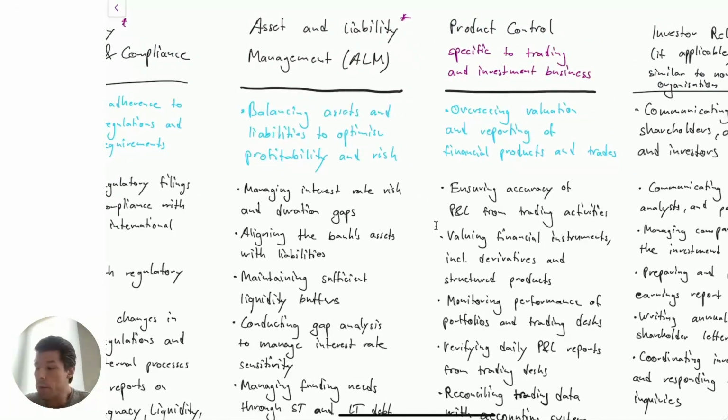Another new department that we often see in financial organizations is so-called Asset and Liability Management, ALM, which is responsible for balancing assets and liabilities to optimize profitability and risk. It would manage the interest rate risk and duration gaps. It would align, when we look at a bank, for example, the bank's assets, which are the loans, with the liabilities, which are the deposits.